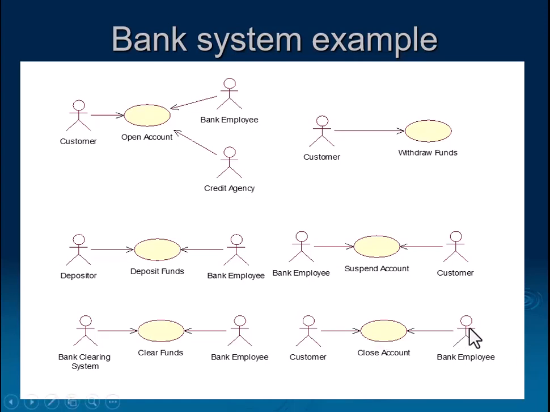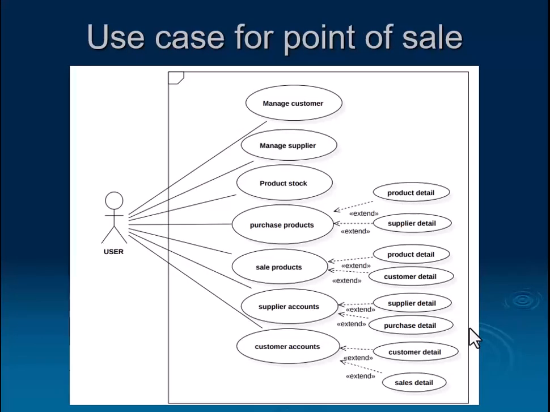So for closing and opening an account, the customer and bank employee are mandatory. For opening, the credit agency is also included, but for closing it is not. So this depends on the scenario. As I already said, when you derive the use cases and draw the use case diagram, you must have some scenario, and you have to understand that scenario.